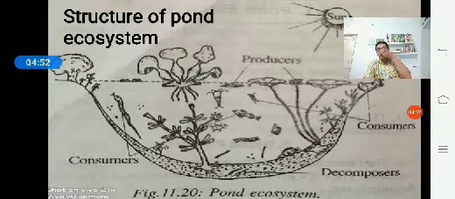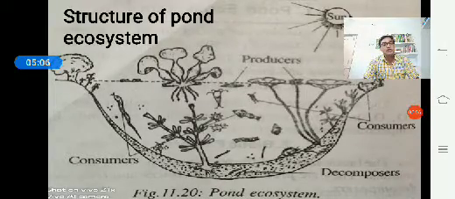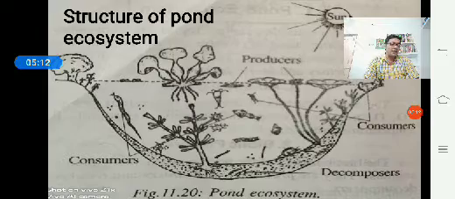When it comes to the abiotic components, the non-living environmental factors together constitute the abiotic components of the ecosystem. Those are pH of water, dissolved organic and inorganic substances, dissolved gases like oxygen and carbon dioxide, light, temperature and soil.